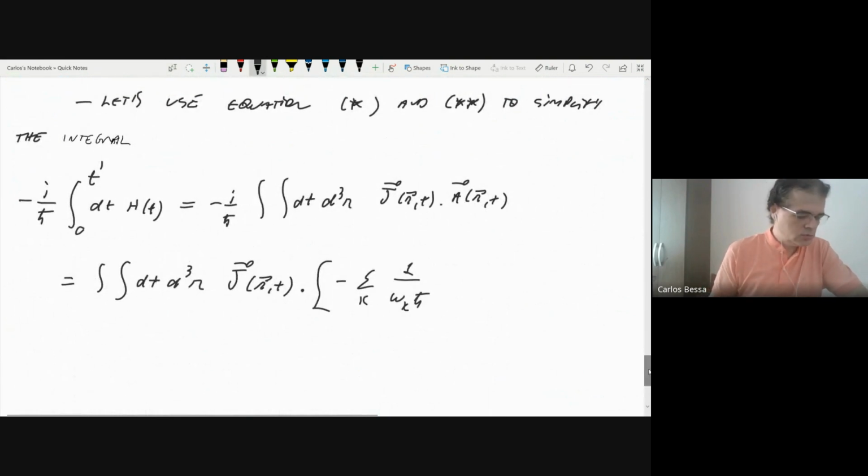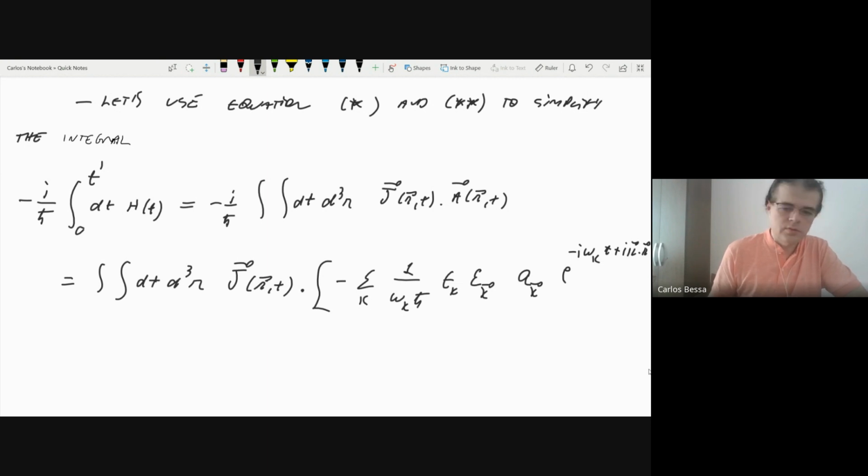So just like right here, e k epsilon, the operator a exponential minus i omega k t plus i k r.